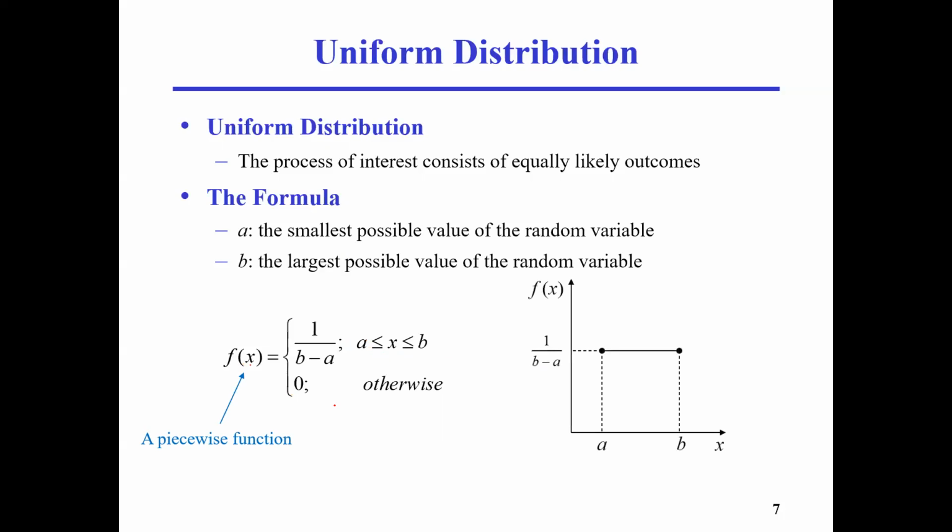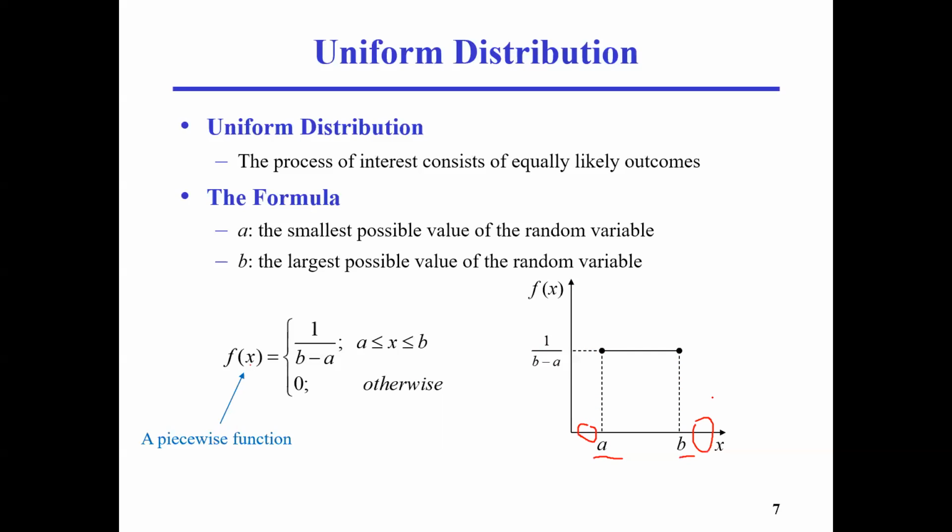So if we draw the graph for this function, if your random variable is somewhere between A and B, this flat black straight line is the curve, and its value on the y-axis is 1 divided by the difference between B and A. If your random variable is smaller than A or larger than B, then the value is 0.